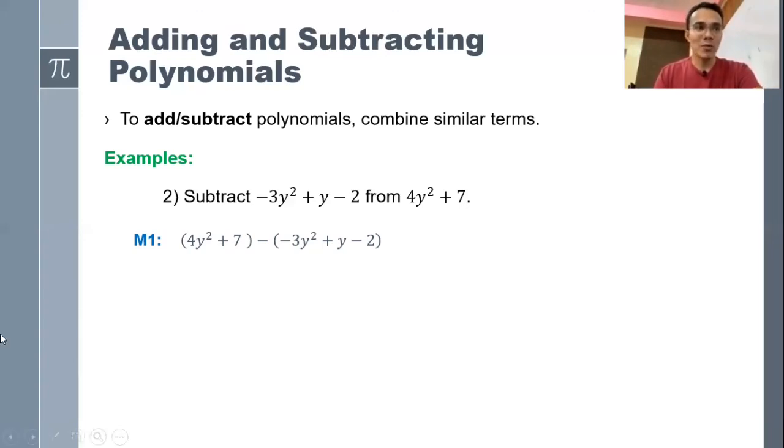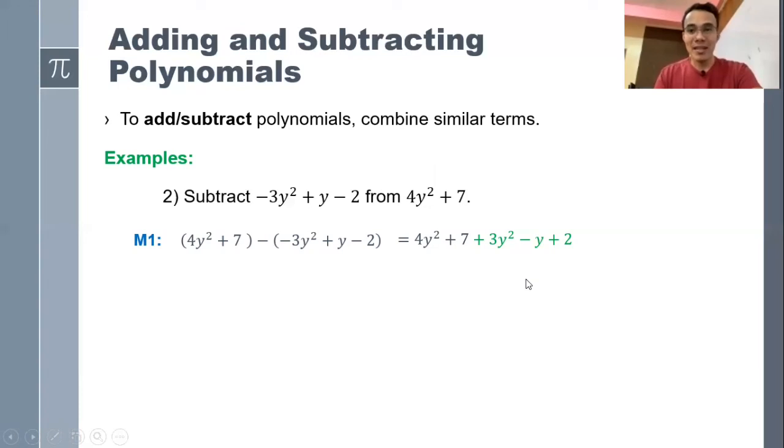So how do we do this? We're just going to get the opposite of each term inside this grouping symbol. So the negative 3y squared becomes positive 3y squared. The positive y becomes negative y, and the negative 2 becomes positive 2. No more grouping symbols.